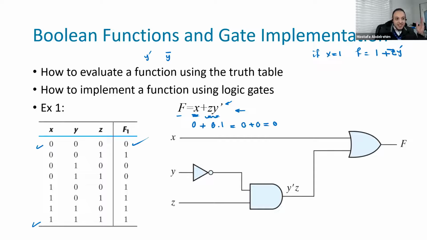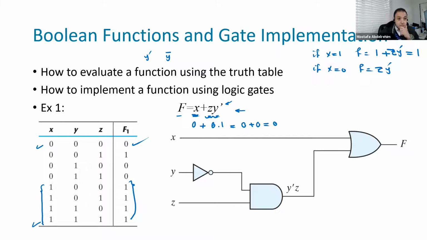And we know from the axioms and theorems that we learned that 1 or anything will give you 1. So just look here. You have 4 cases in which x is 1, so f will be 1 as well.